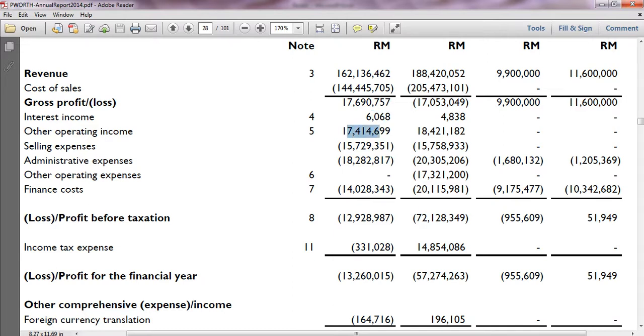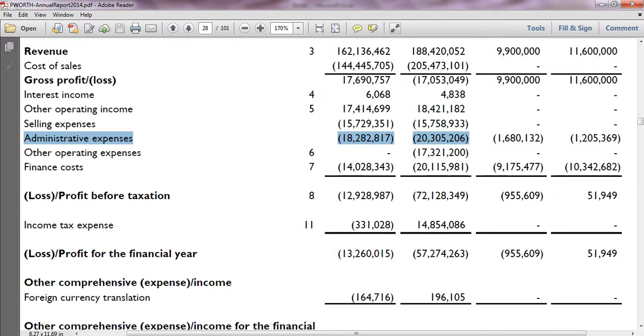Interest expense, this one. Administration expenses, this one is quite a lot. Finance cost, this one needs a look. So basically you need to take a look at note 7. This one they didn't mention. I hope they mention it. Okay.